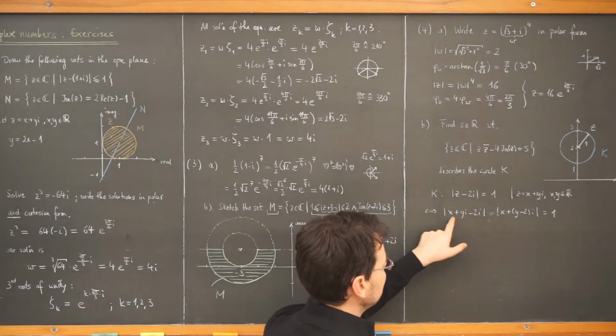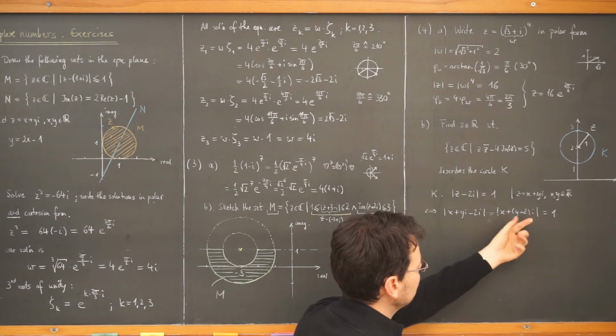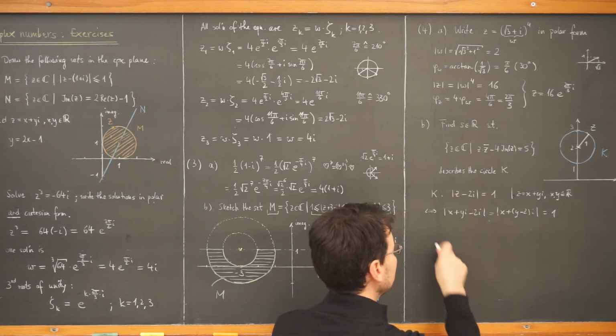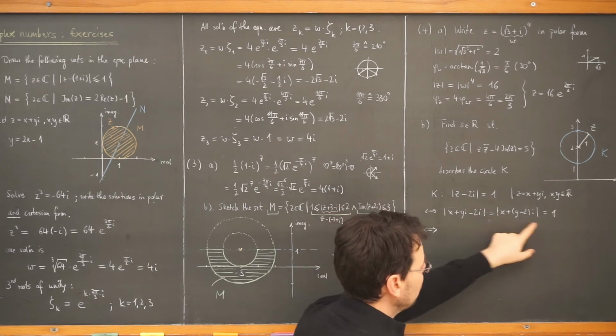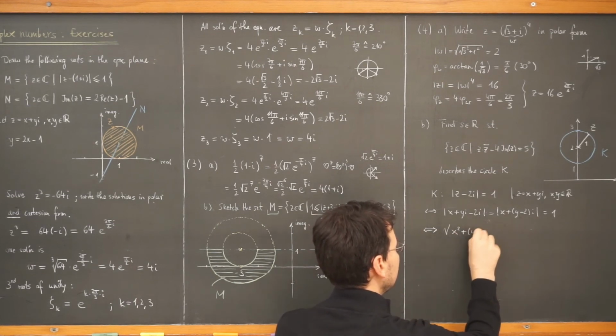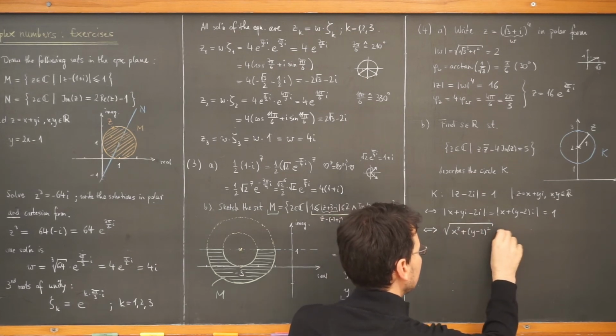So this condition here becomes that. Now I take together y and minus 2, forming the new imaginary part of this expression in the modulus. And now the absolute value or modulus is the square root of the real part squared plus the imaginary part squared.